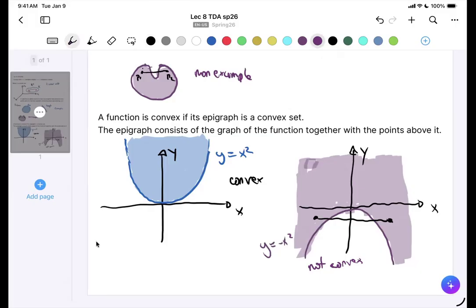If you look at y equals x squared, it's one that you would have called a concave up function, and y equals minus x squared is concave down. So convexity is related to concavity, the concavity being up.